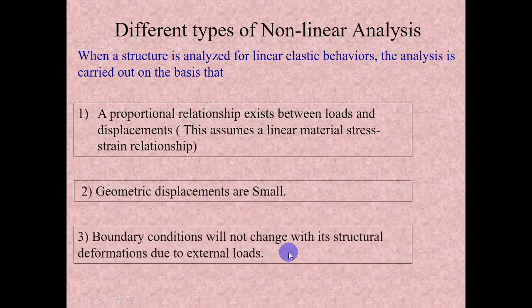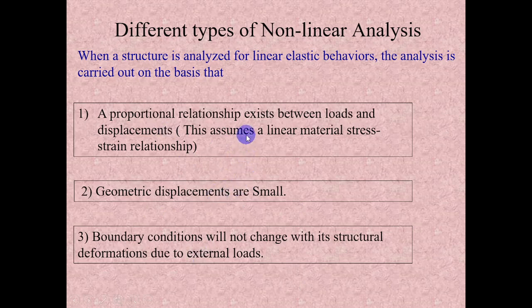And the third is that the boundary conditions will not change with the structural deformation due to the external loads. So from the start of the analysis, there should not be any change in the boundary condition. These three are the main important assumptions for the linear analysis.